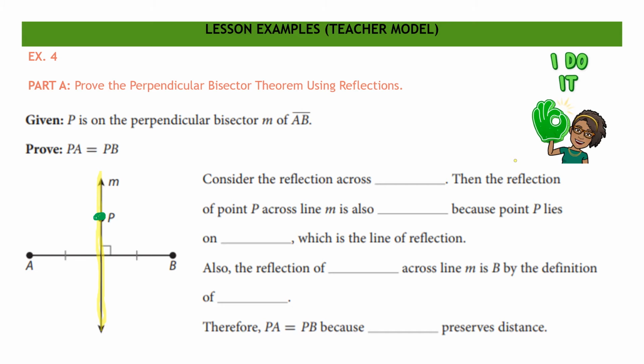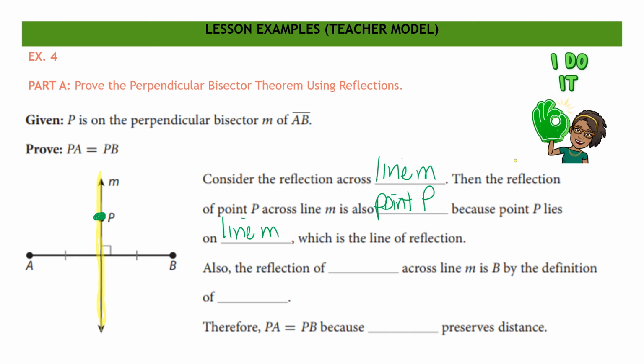So the proof starts off saying consider the reflection across line M. So we're going to look at a reflection across line M. Then the reflection of point P across line M is also going to be point P. So think about this. If I have point P on line M and I wanted to reflect across line M and P is on the line, that means P is not going anywhere because P lies on line M, which is the line of reflection.